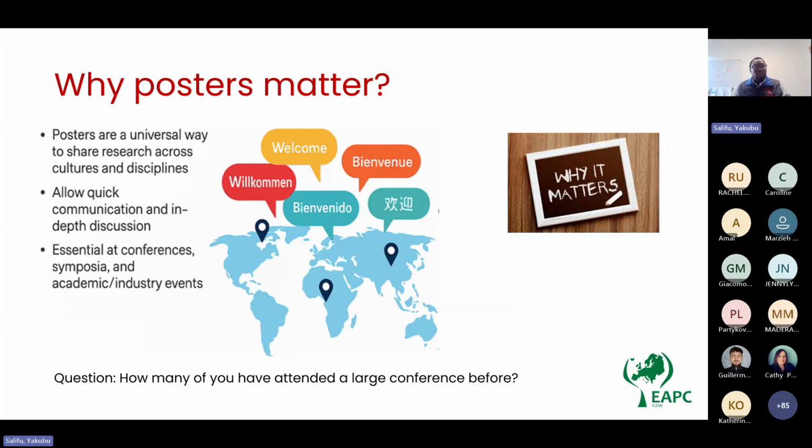Another important thing we need to be aware of is that in such large conferences, we have people coming from all walks of life, and it is really important to pitch your information so that it will be very useful for people, whilst avoiding some cultural connotations that may not be easily understood by other people as well.